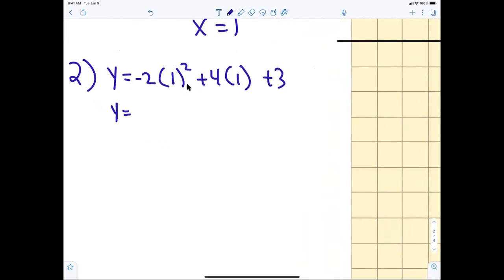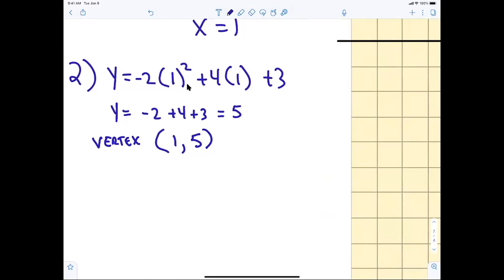Y equals, what's 1 squared? 1 times -2. -2 plus 4 plus 3 equals 5. So the vertex is located at 1, 5. The vertex is located at 1, 5.